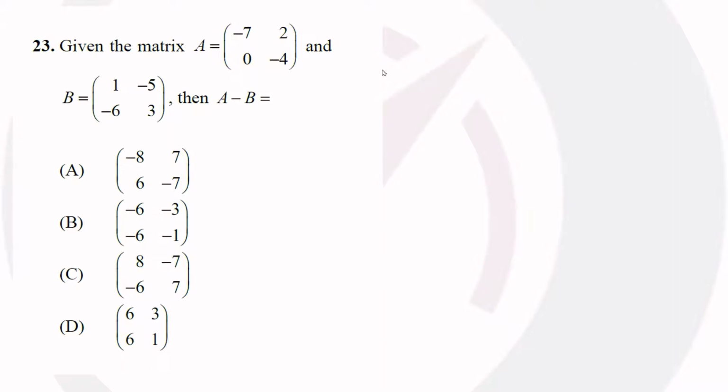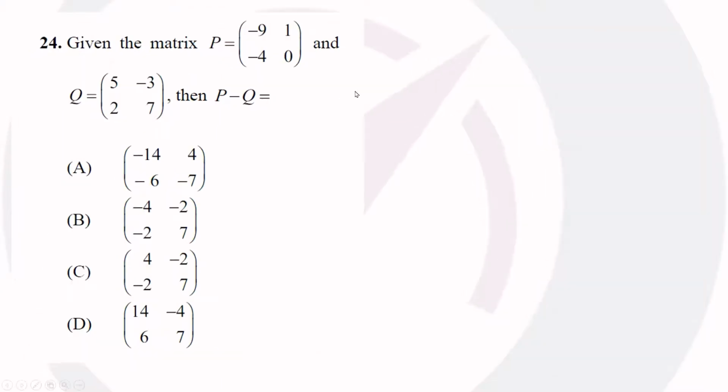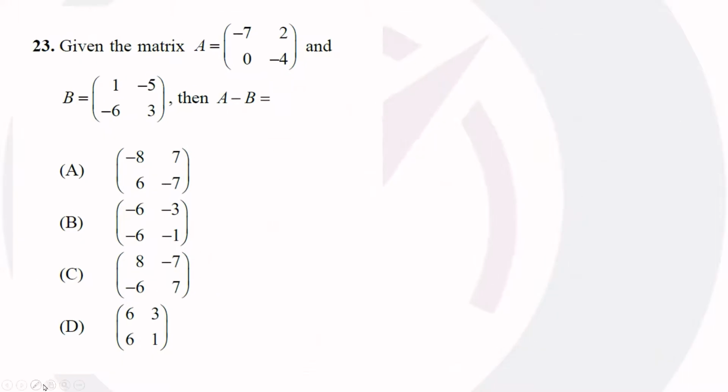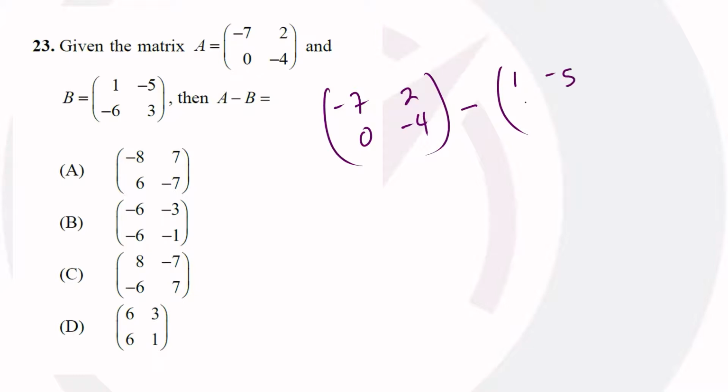So A minus B, so we have negative 7, 0, 2, negative 4, minus 1, negative 5, negative 6, positive 3.